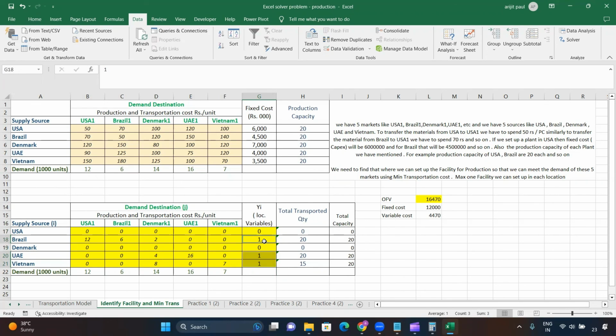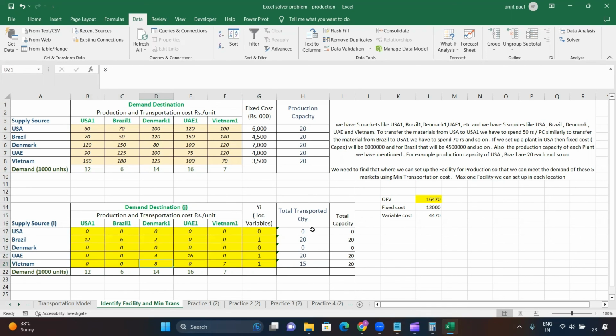The materials that we are going to supply from the Brazil facility, we are going to supply mainly to the USA market and then to Brazil and Denmark. From the UAE facility, we are going to send the materials to the UAE market and to the Denmark market. The plant which we are going to set up in Vietnam, from there only we are going to cater to the markets of Vietnam and Denmark.